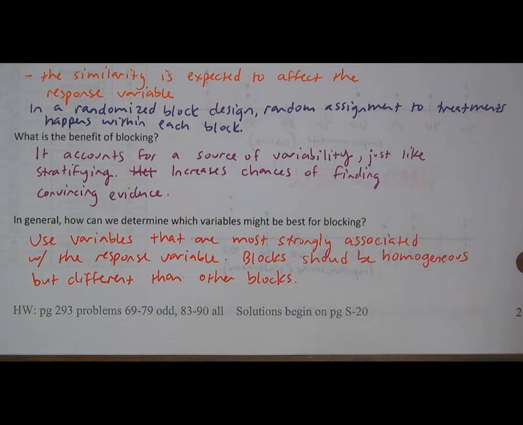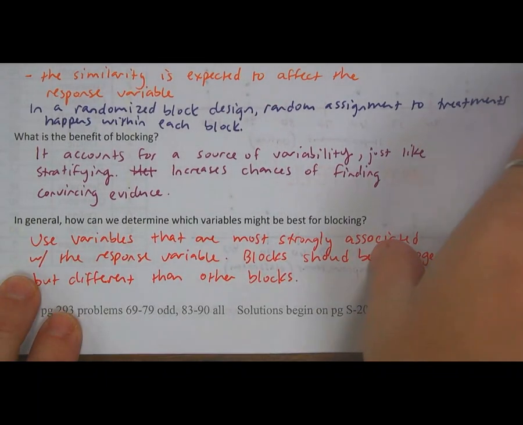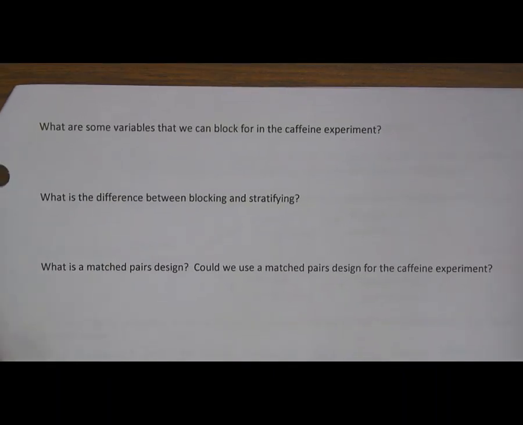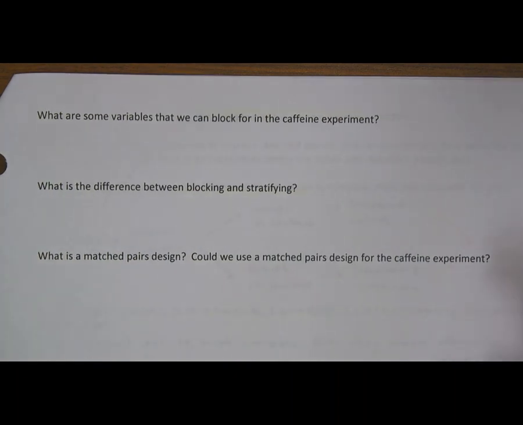We're going to turn the page and revisit that whole caffeine experiment where we split kids up to see how caffeine affects pulse rates. This might be too general, but let's see if we can throw some ideas out there. In that caffeine experiment, how could we maybe block? What are some variables that we said might be confounding variables that we could block by to make sure that we had more convincing evidence that it was the caffeine that was increasing the pulse rates?